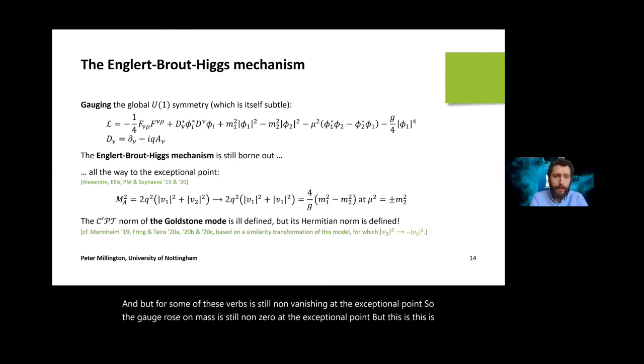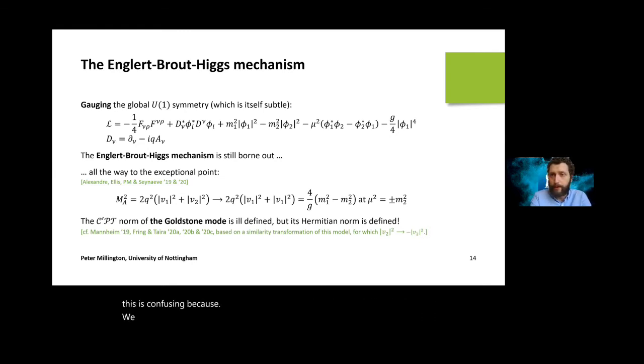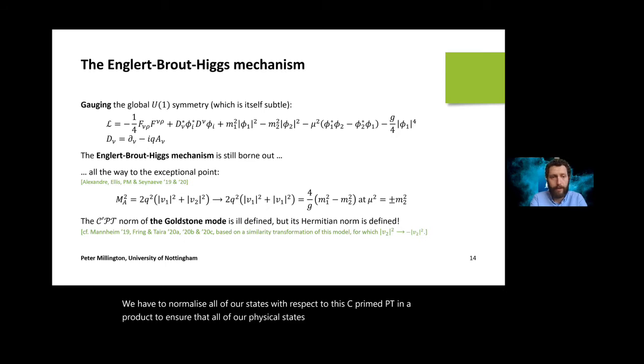But this is confusing because we have to normalize all of our states with respect to this C-primed PT inner product to ensure that all of our physical states have positive norms. But this C-prime PT norm should diverge, and in fact it does, at the exceptional point. So the normalization of the Goldstone mode is ill-defined at the exceptional point.